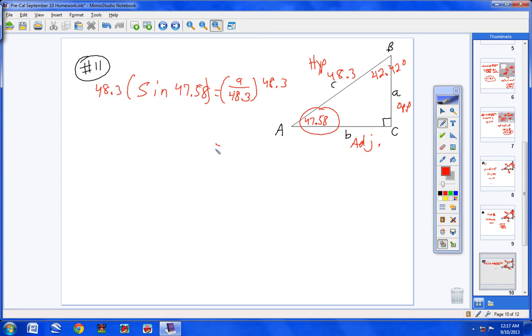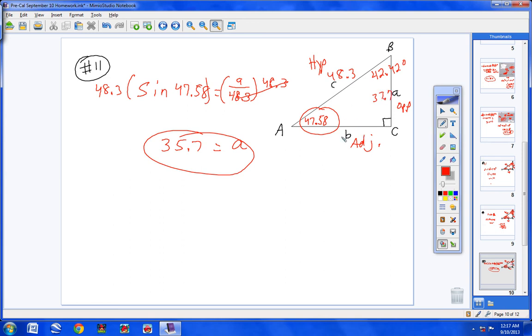If you do this correctly, these cancel and you're left with A. And if you multiply all these together, you could type into your calculator 48.3 and then sine, then 47.58, enter. And if you're doing it correctly for A, you should get 35.7. So side A right here is 35.7.